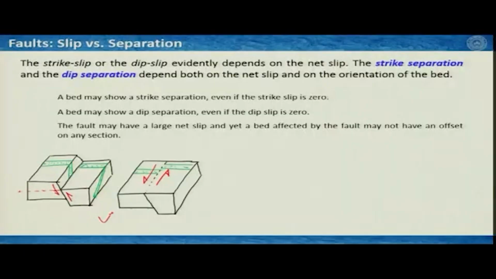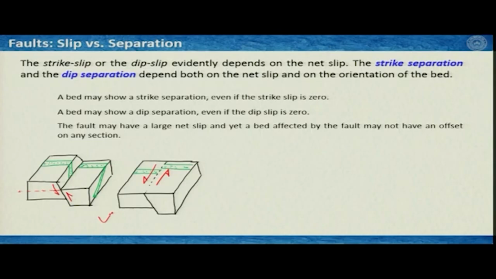So, all these things are possible, and the fault may have a large net slip, and yet a bed may not be affected by the fault, and it may not show any offset or any separation on either sections. So, I have given you just an example, and you can try all these possibilities, try to draw which way the bed should be oriented and how this can happen.